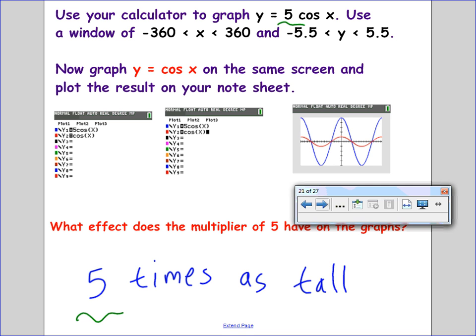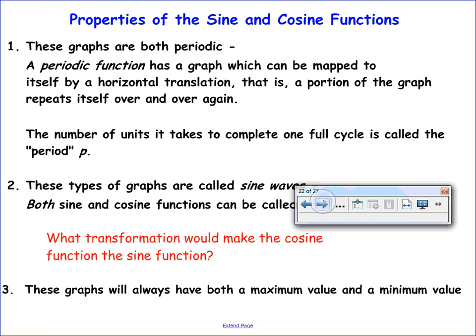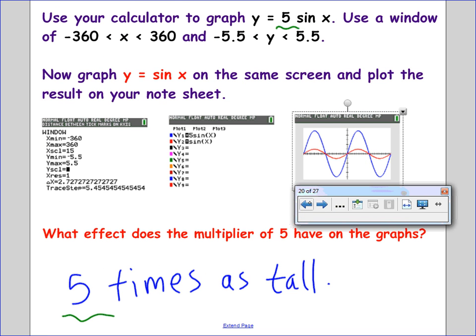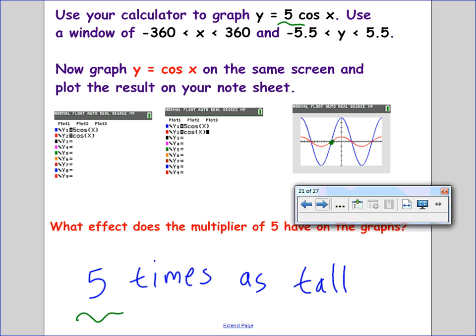Absolutely. If I grabbed onto this graph and moved it enough so that that key point here, this x-intercept, was now at 0, 0, then it would fall upon the image of the sine graph. Is that the only way? Well, no. What if we grabbed onto the sine graph and moved it left?